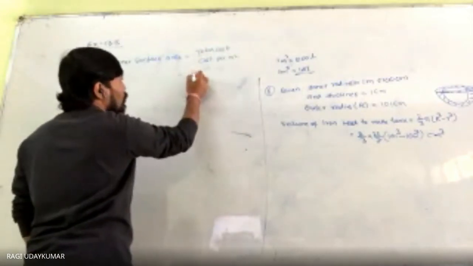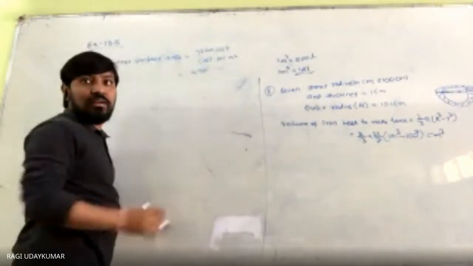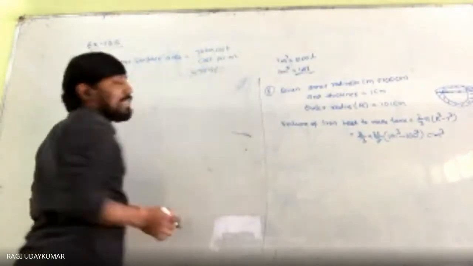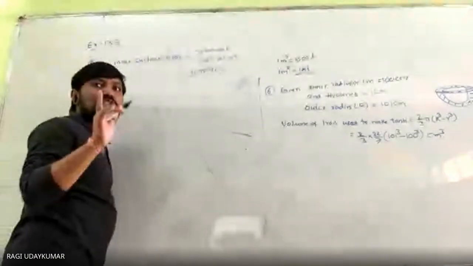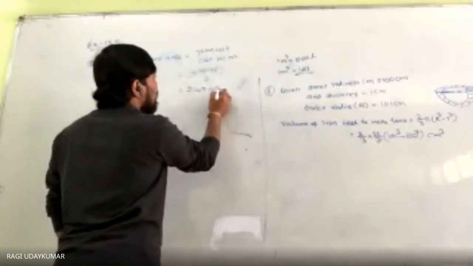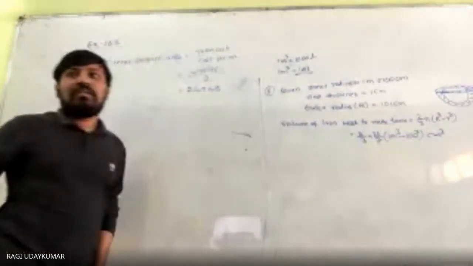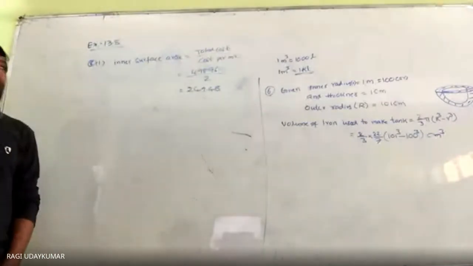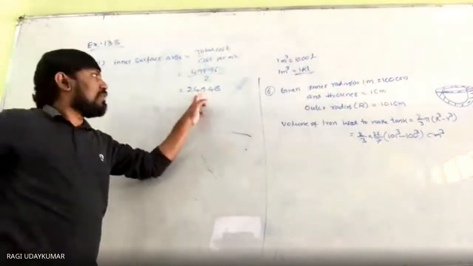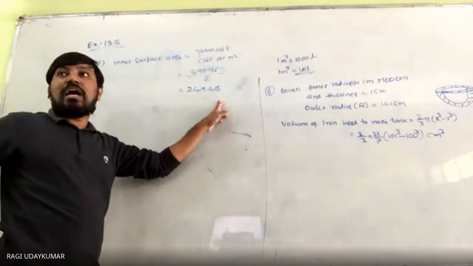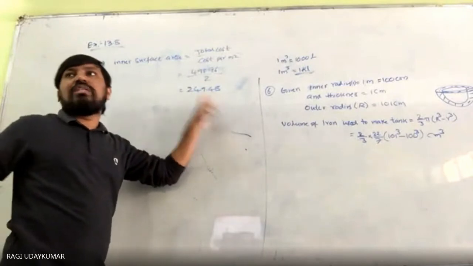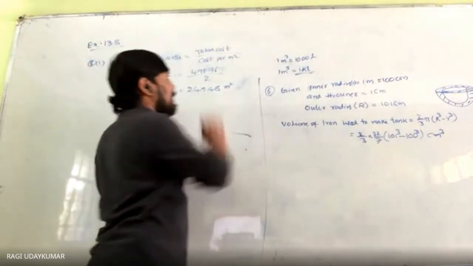So it is equal to 498 rupees 96 paise, and the cost per meter square is 2 rupees. Divide this by 2. 249 rupees 48. Yes, 48. What do you get here? It is not 249 rupees, what will it be? It will be area. So that's why you need to write this in meter square.